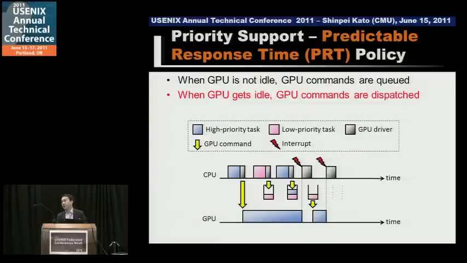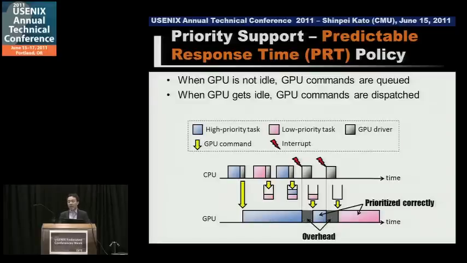Right, in this case, the high priority task can take over the low priority task. And as a result, GPU context executions are correctly prioritized. However, the scheduling overhead appears because the TimeGraph scheduler needs to be invoked at every GPU context switching.